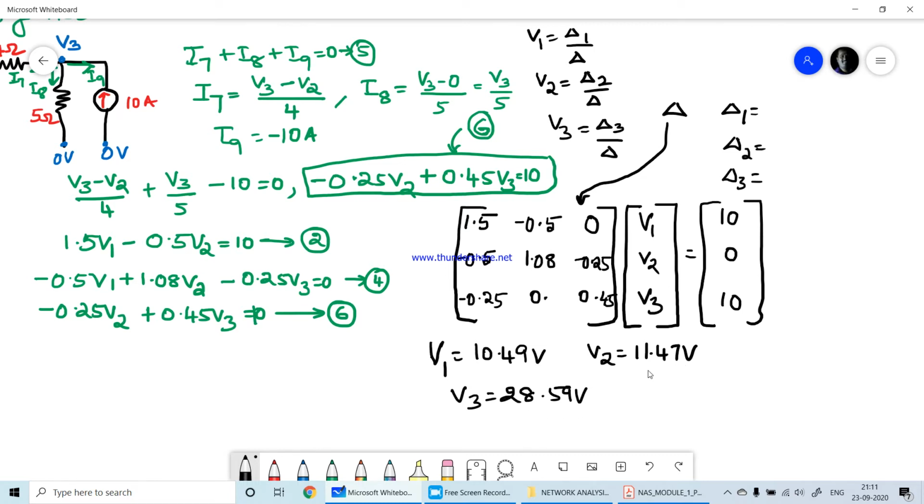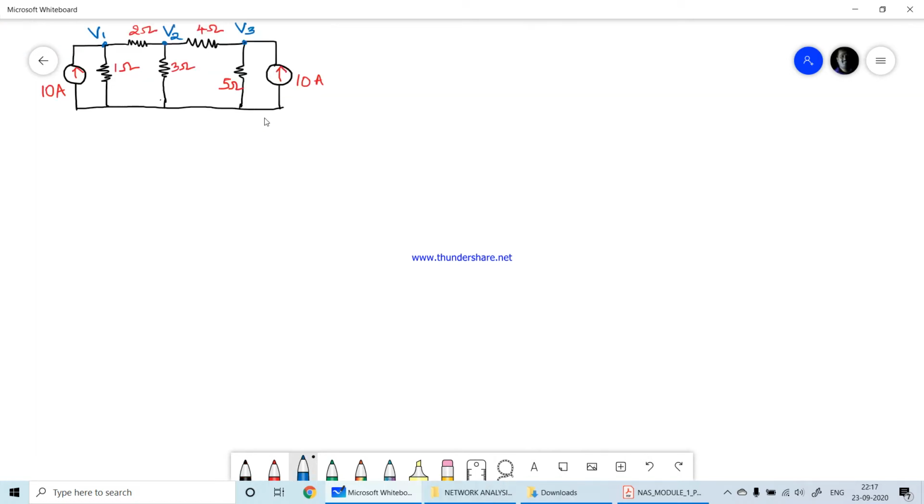Now this is how you try to find out the solution for this particular problem using node voltage analysis. Till now I have explained node voltage analysis for any given circuit diagram. Now we will see how to write the matrix directly by looking into the circuit diagram.